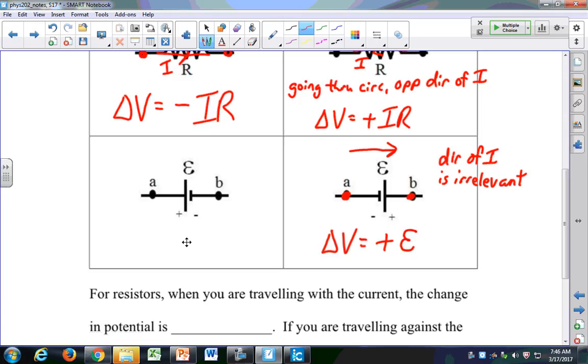Now, what if this is going from low to high potential? Sorry, I might have said that incorrectly. When I'm going from low to high potential in this way, I'm going from where my electrons have little energy to where they have a lot of energy. All right?